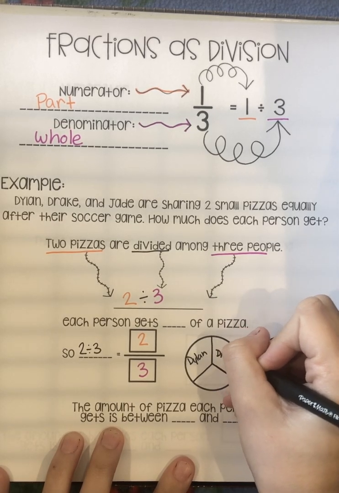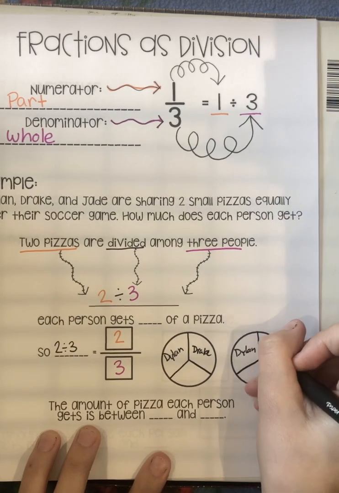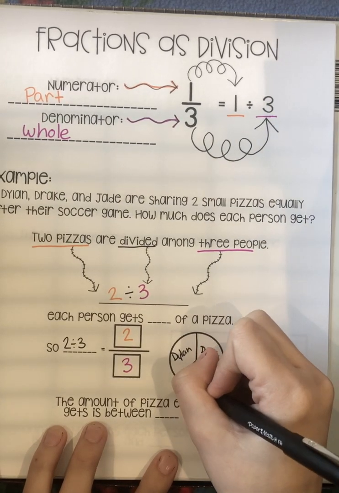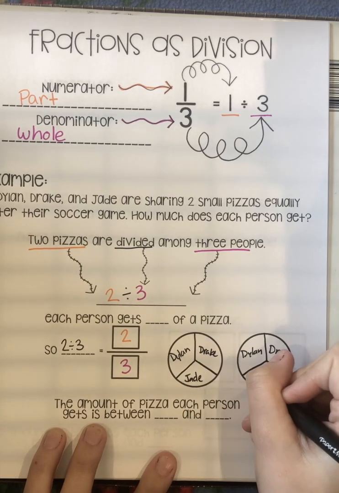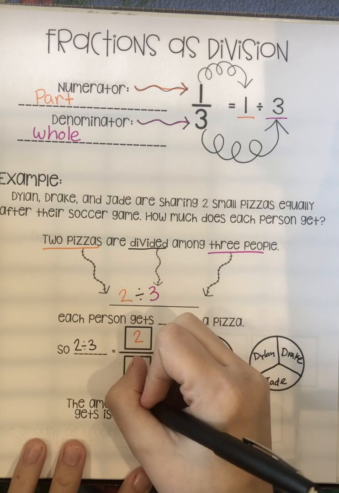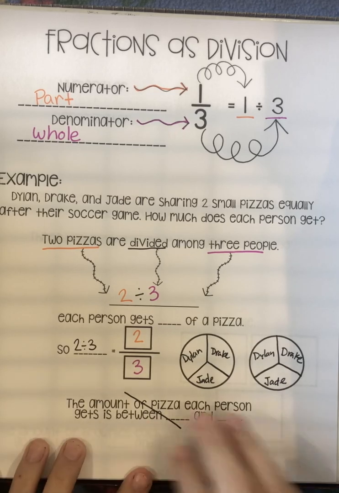Drake will get 2 pieces. And Jade will get 2 pieces. So each person is getting 2/3 of those 2 pizzas. And we're not going to worry about this bottom part.